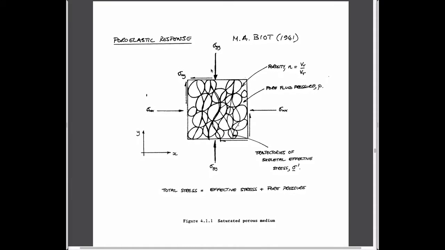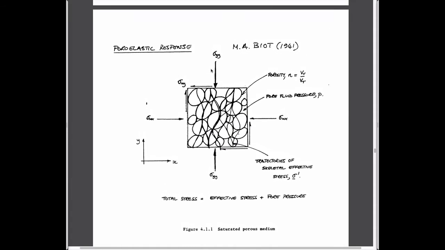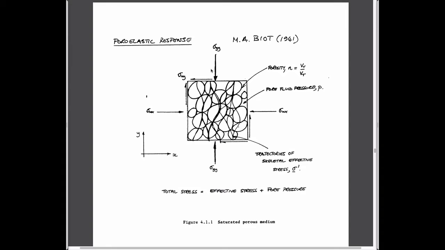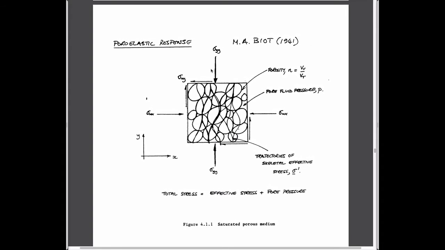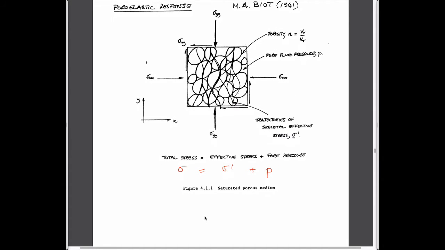And so the first one is to be able to figure out exactly what the governing equations are that make the finite element statement. We already talked about effective stresses. And we already said that total stresses are equal to effective stresses plus pore pressures. There is a term here, but let's not worry too much about that.